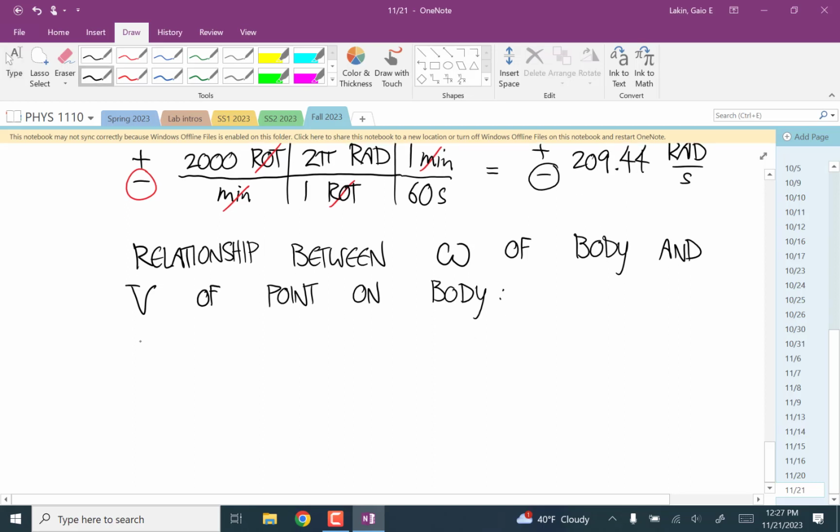And that is that the speed is equal to, I'm going to call this capital omega, I'll tell you what that is in a second, times r, okay? So this v is the speed of the point.